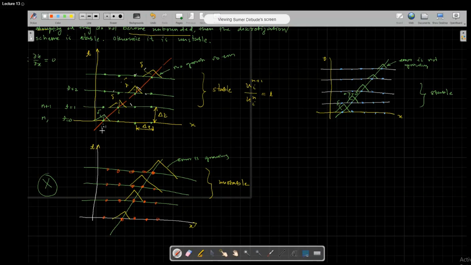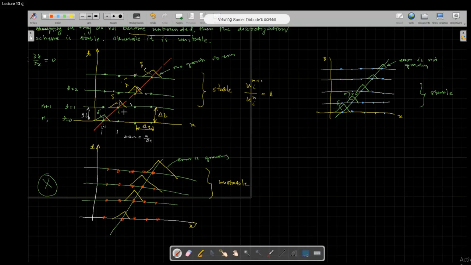So, this distance, I'll calculate this distance. Distance divided by velocity is the time step in which you are moving. This delta t will decide what is u, or u will decide what is delta t or delta x, if two values are known.